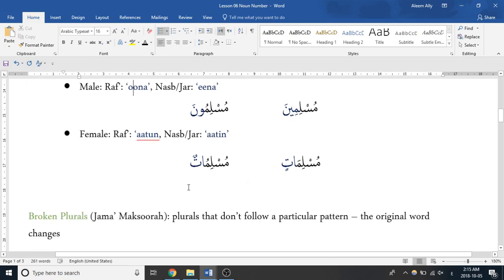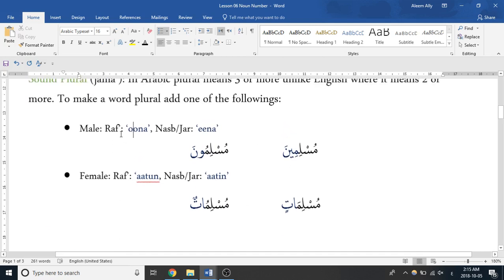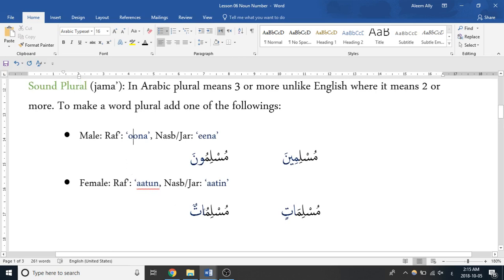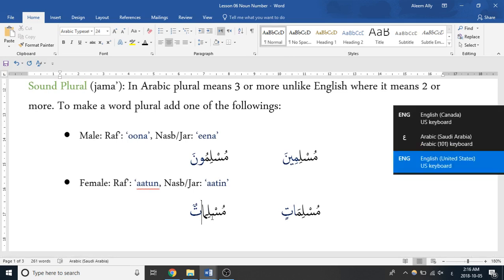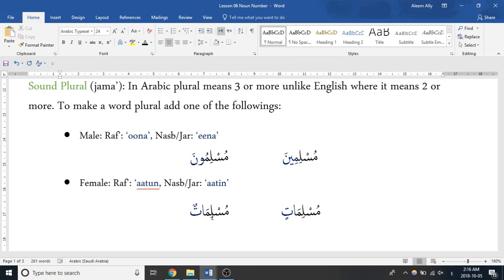For a female noun, the rafa' becomes atun, and the nasb and jar becomes atin. So muslimatun would mean 3 or more Muslim women, and muslimatin would have the same meaning, but in jar or nasb.